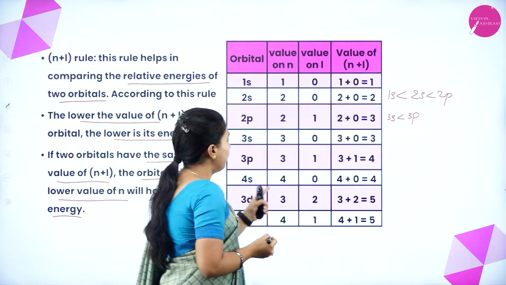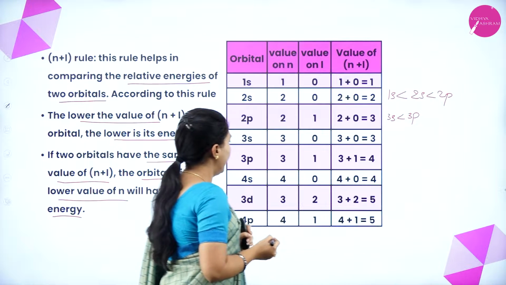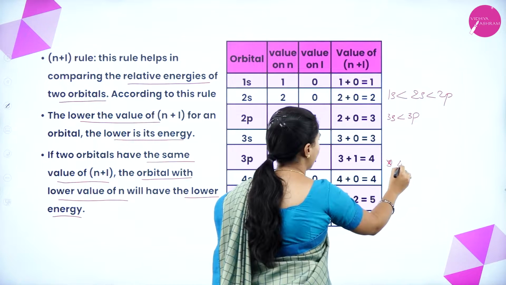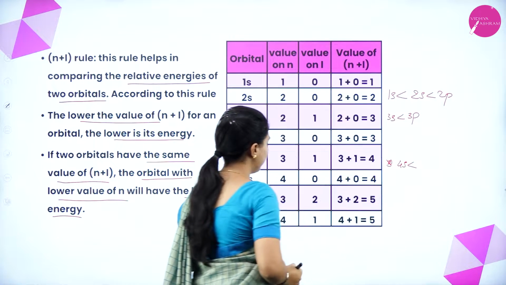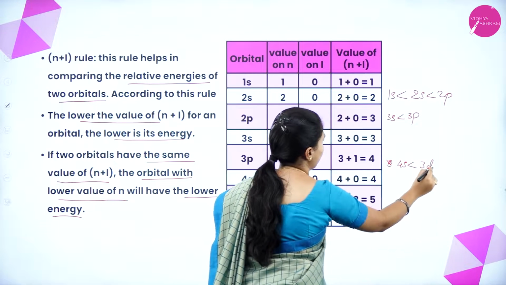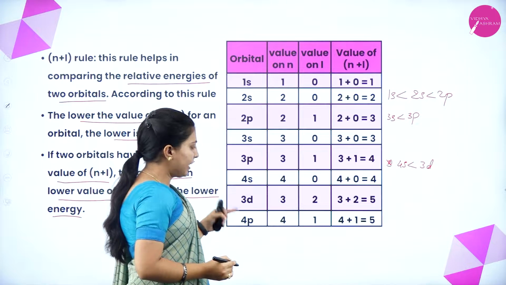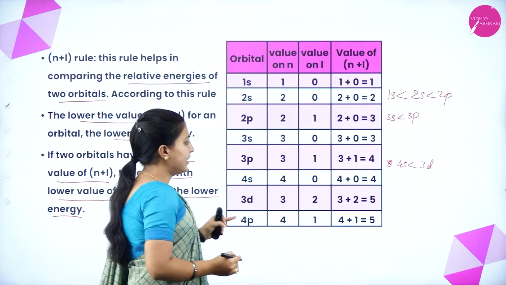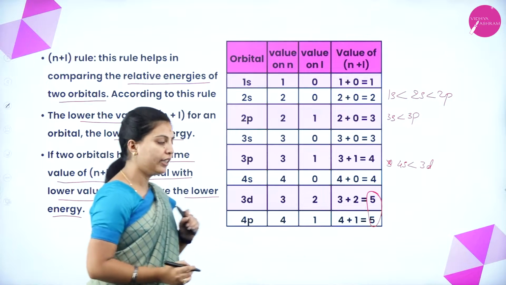In 3d, n is 3, L is 2, 3 plus 2 is 5. In this also we can tell 4s is less than 3d. Next, when we compare 3d and 4p, the n plus L value is the same, 5 and 5.